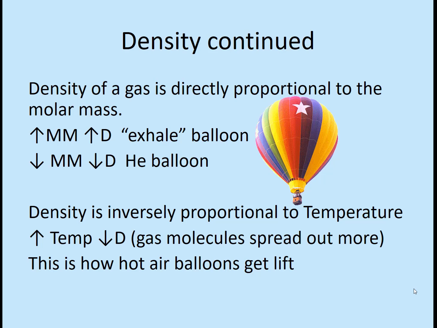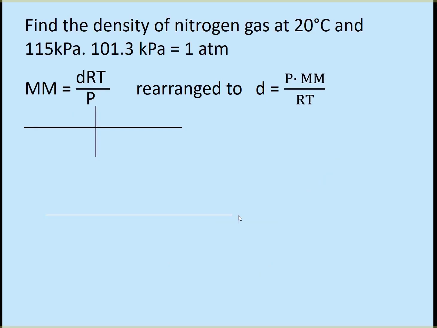As they increase the temperature in the envelope of the hot air balloon, this decreases the density because the gas molecules spread out more. They're moving quicker and they hit the sides of the container with more force and also with more collisions. And this causes the lift for the hot air balloon because the density will be less than the air surrounding it.